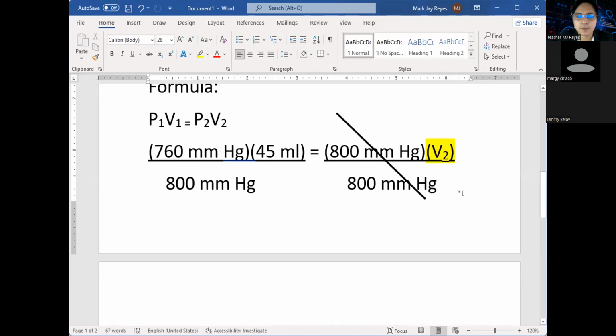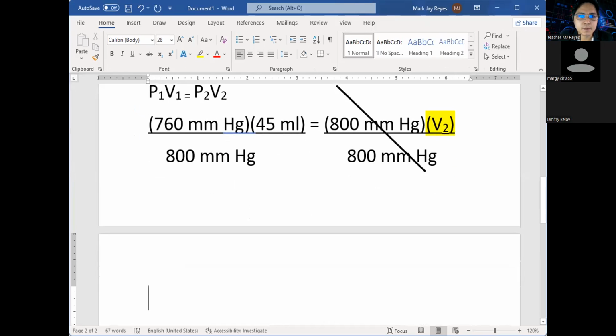After which we have 700 millimeter of mercury times 45 ml is equal to V2.